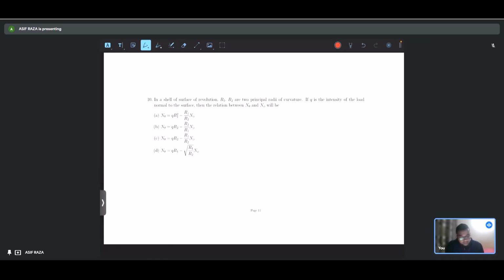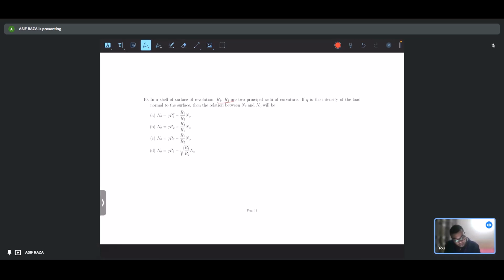Okay, the 10th question: in a cell of surface of revolution, R1 and R2 are the two principal radii of curvature. If q is the intensity of the load normal to the surface, then the relation between n theta and n phi will be. So we know the relation n phi upon R1 plus n theta upon R2 is equal to WR, and in this case WR is equal to q.